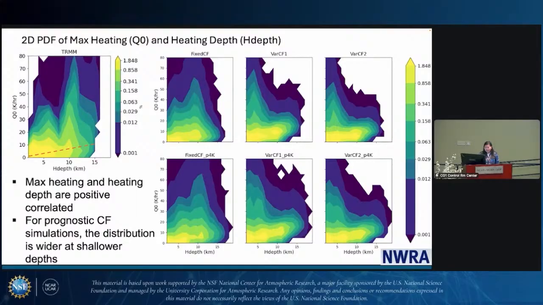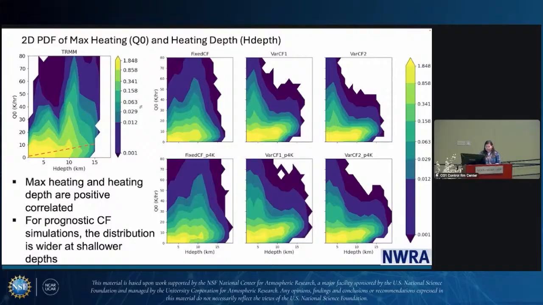From this plot, we can notice that the maximum heating rate and the heating depth are positively correlated. This is a log scale plot, so the yellowish color is where most cases happen. The yellowish color means there are more cases than the bluish color.